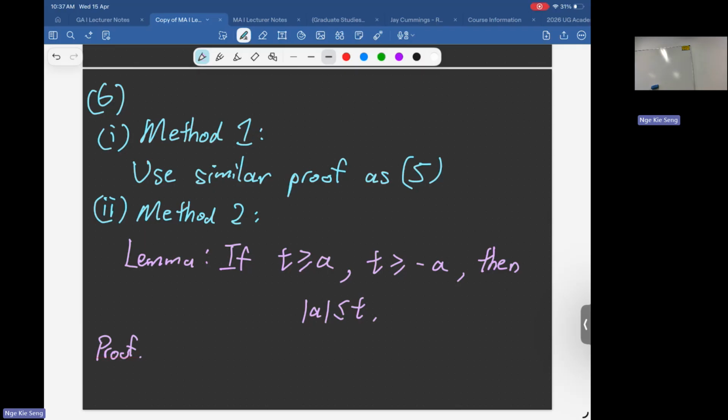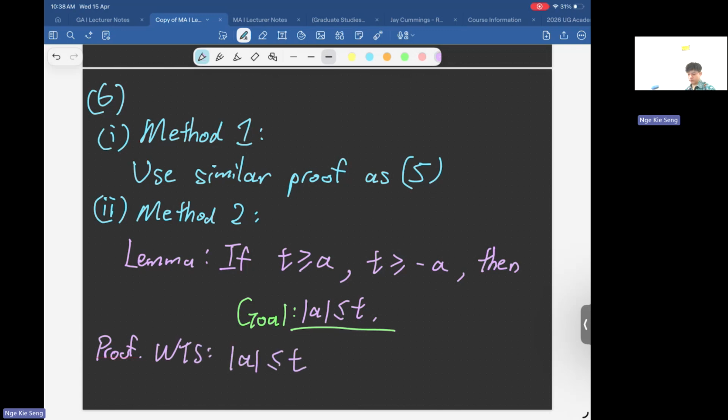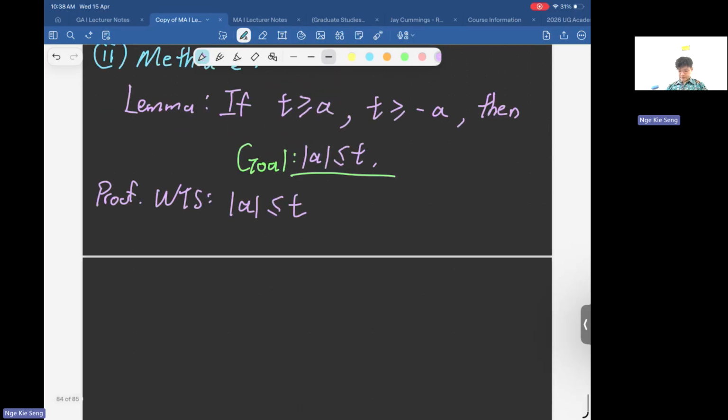This is defined piecewise, so you need to treat it differently for different cases. So this is your goal. Write down your goal every time. We want to show that the modulus of A is less than or equal to T.